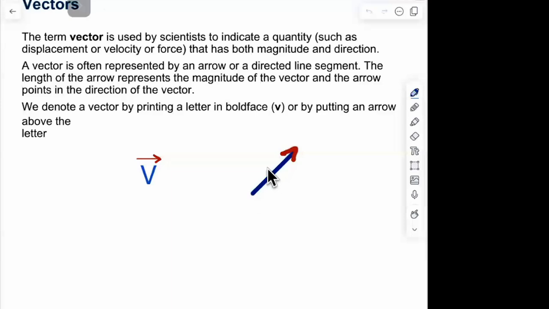Usually you denote a vector by a bold-faced letter, for example this bold-faced V. Another way to represent it is to put the V and then put an arrow on top. That will indicate a vector. Remember, example vectors include velocity and force.